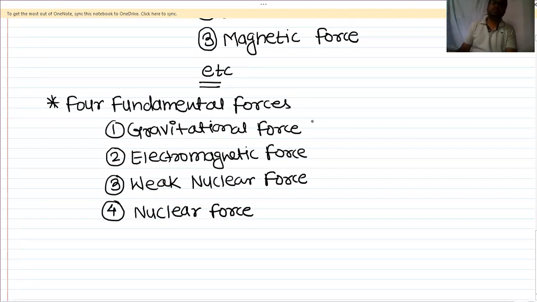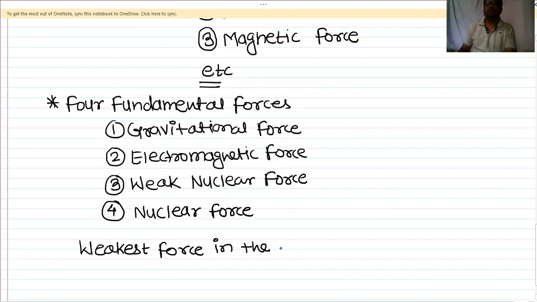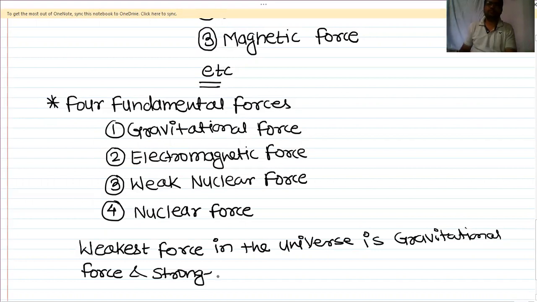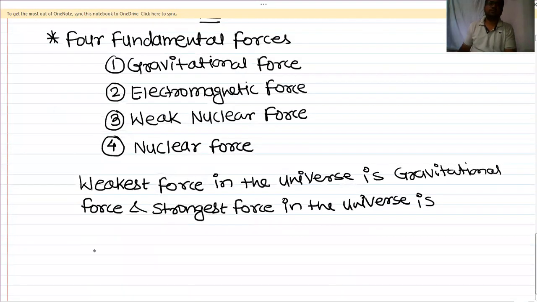So the weakest force in the universe is gravitational force, and the strongest force in the universe is the nuclear force.